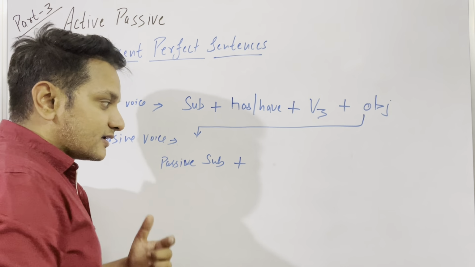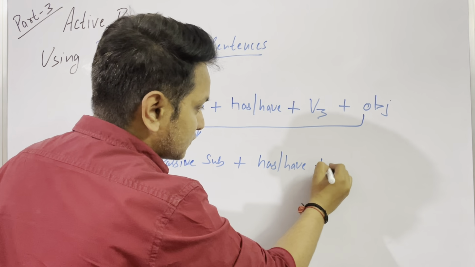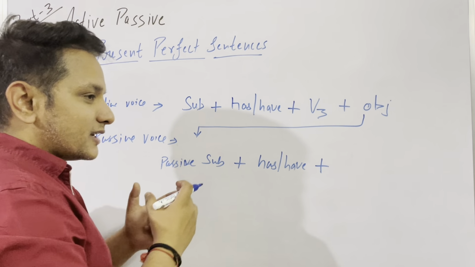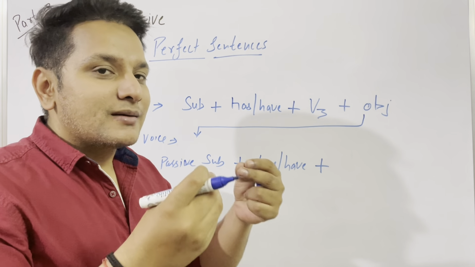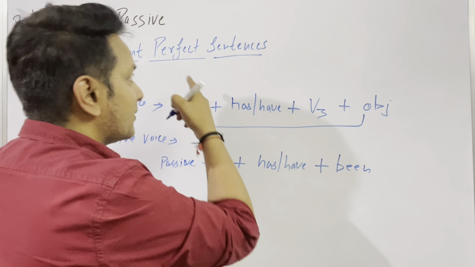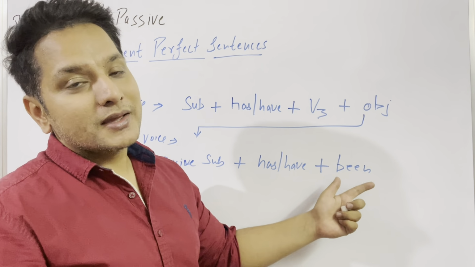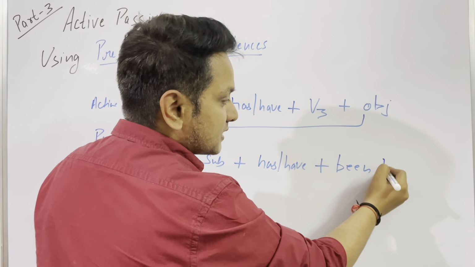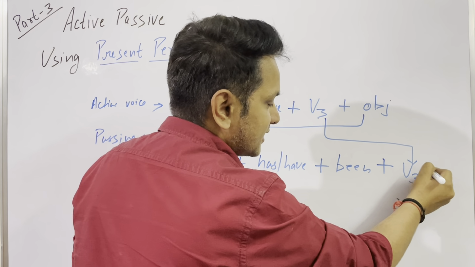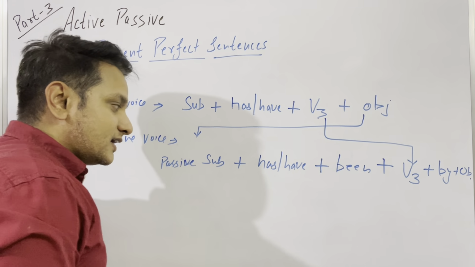Then according to the subject, we will be using has and have, plus now this thing will make a difference in the passive. How you can recognize a sentence if that is in a passive form or not. In this one, we'll be using been. If a perfect sentence is to be converted into passive, then you have to use been here, right? Been plus this V3 will come as it is, and then we have by, then we have the object here, right?